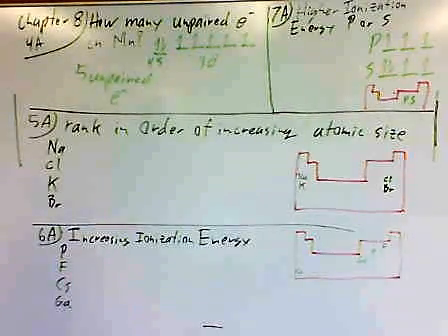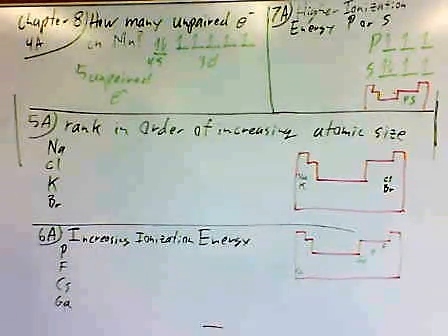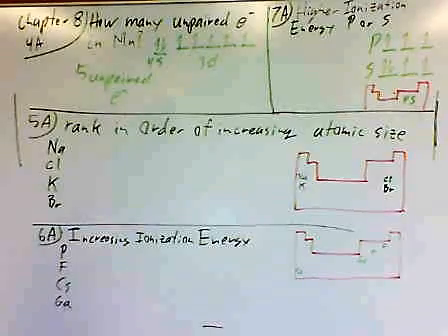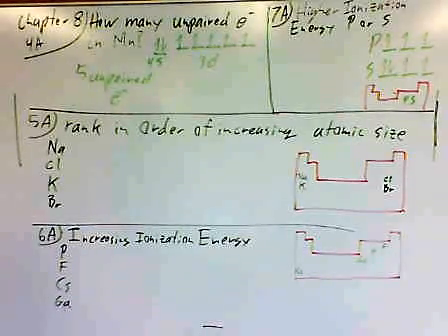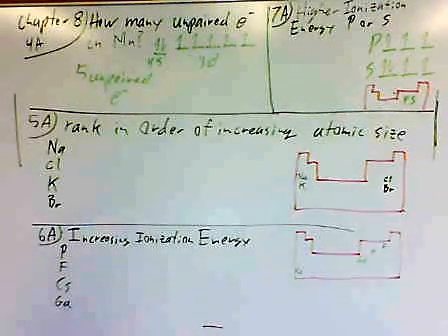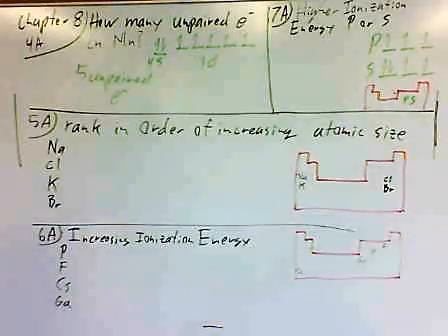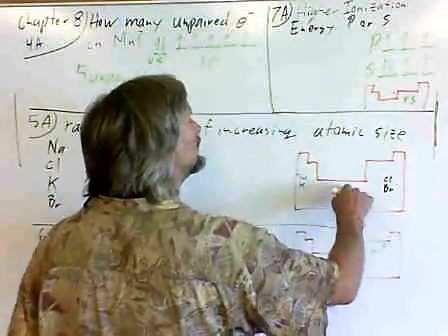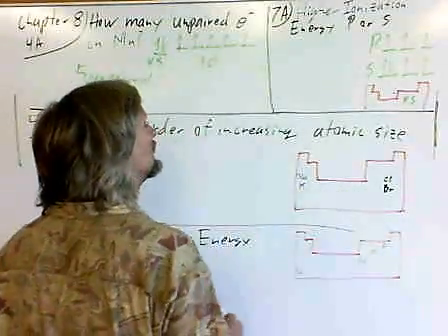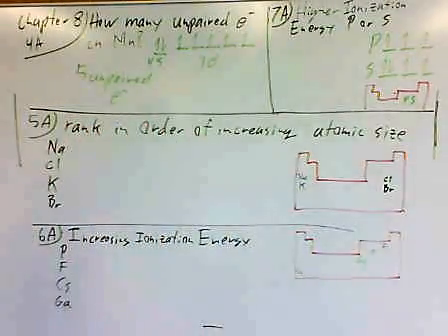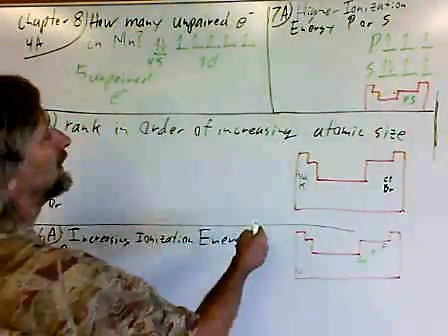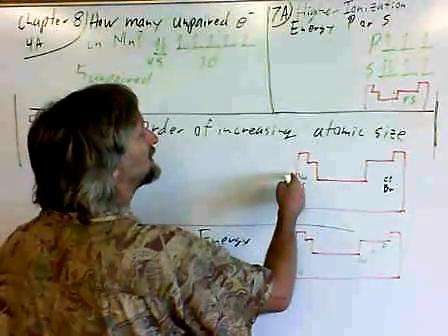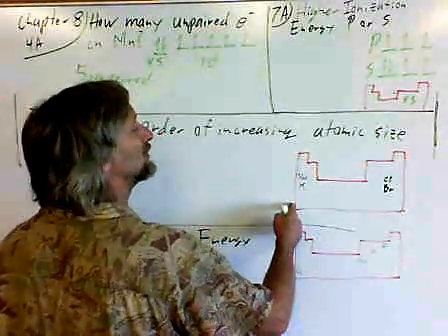So the increased nuclear charge on that shell means more attraction between the shell and the nucleus, and it gets smaller. So as you go from left to right across the periodic table, it gets smaller, and this is a more dramatic effect than adding another shell going down a particular column.